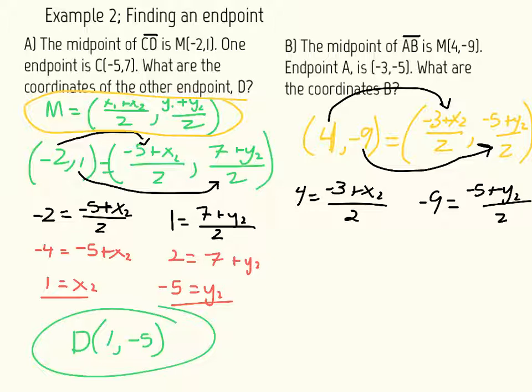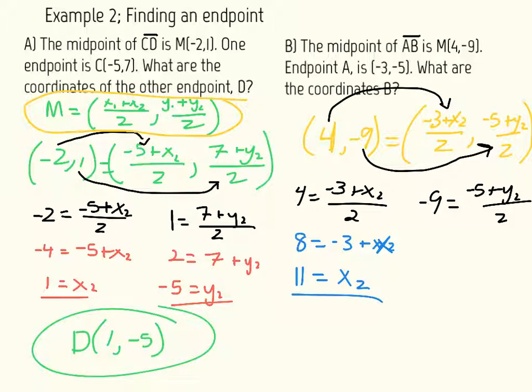So now I'm going to solve this one by multiplying by 2, giving me 8 equals negative 3 plus x sub 2. And then I add the 3 over, giving me 11 equals x sub 2.